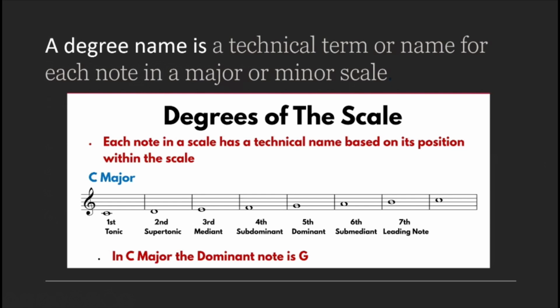If I say the subdominant, it means give me what chord is that? Chord four, thank you. So that is chord four. Then if I say, give me the dominant, chord five.